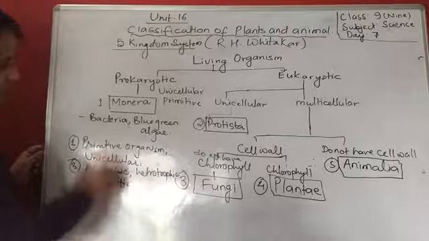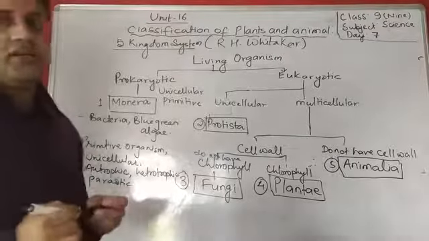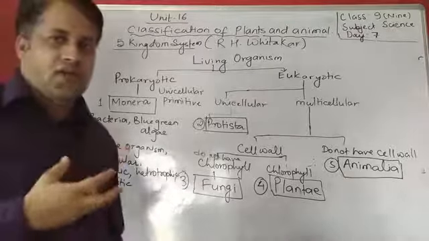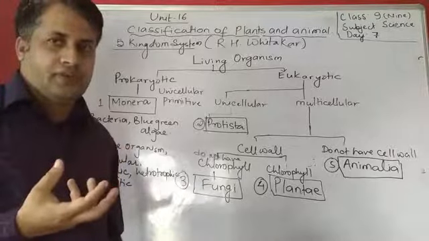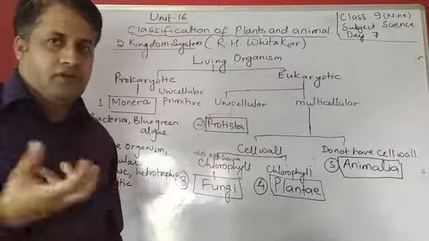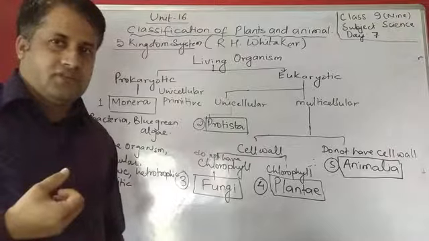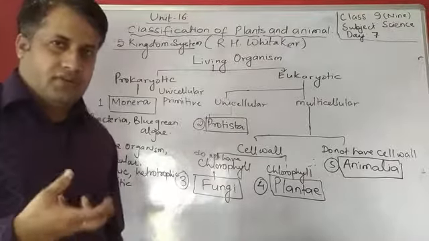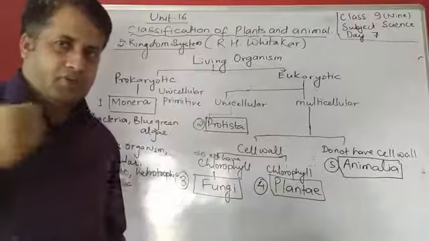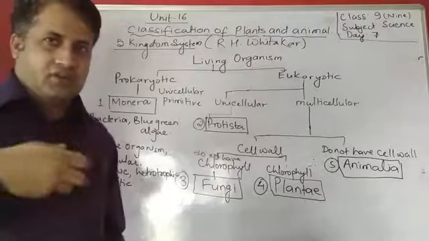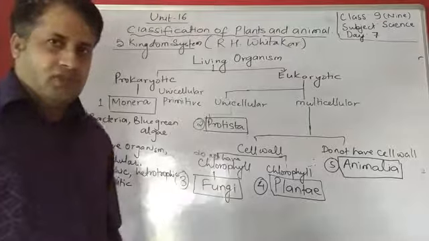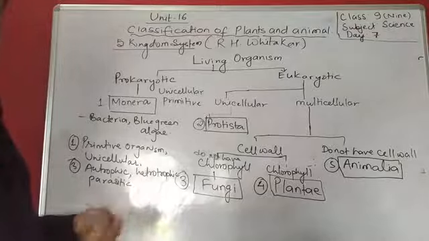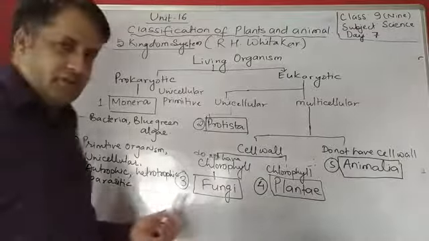Now we already know what parasitic means: the organism which lives in the body of another to take nutrition from it. It absorbs prepared food from the other organism to survive. Directly absorbing prepared food from another organism is known as parasitism, and organisms showing that characteristic are called parasitic.